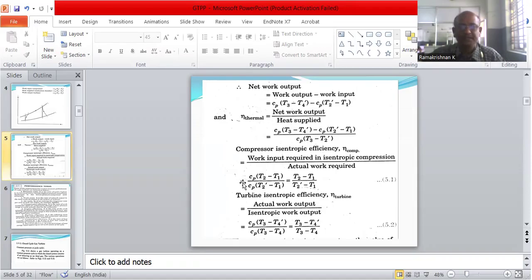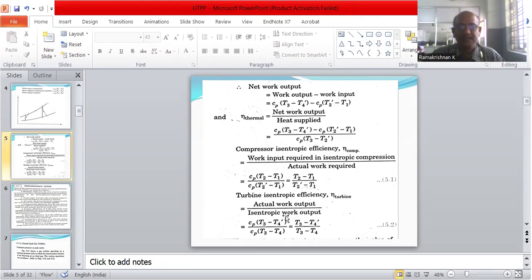Here the isentropic work input is Cp into (T2 minus T1), and the actual work required is Cp into (T2 dash minus T1). Here is the formula.